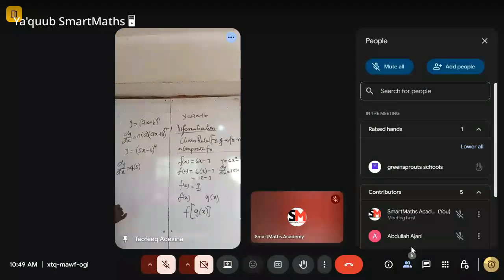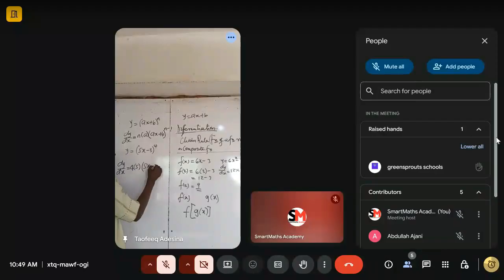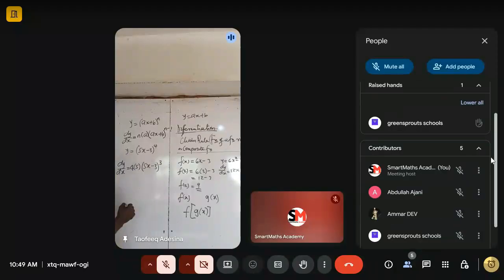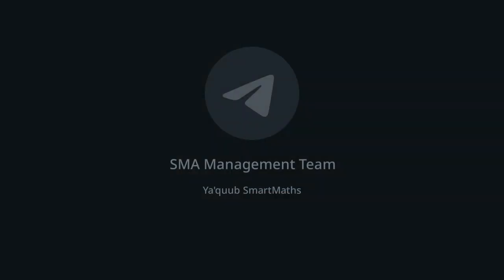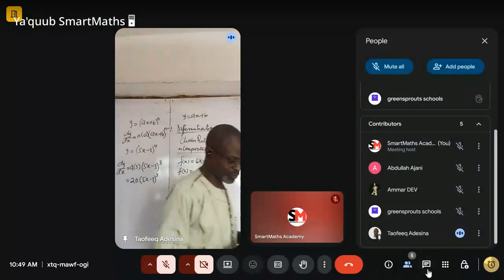Then reduce the power by 1, which is 3. It shows that we have 20 times (5x squared minus 3) raised to power 3. As simple as that. Do we have questions before we go to another level that is not exactly this?